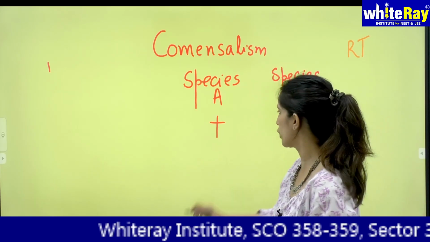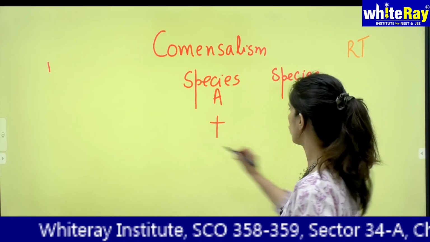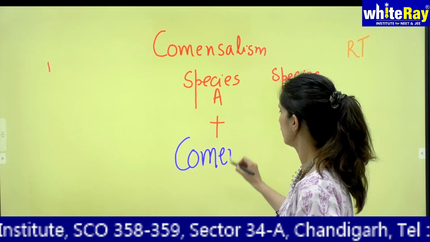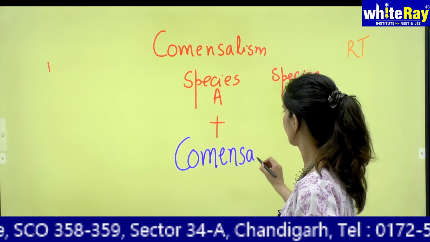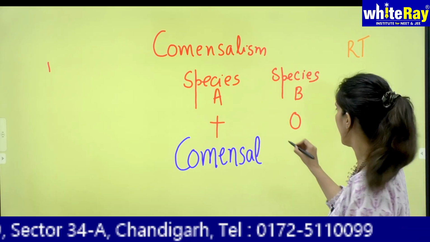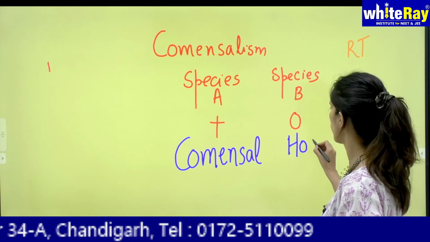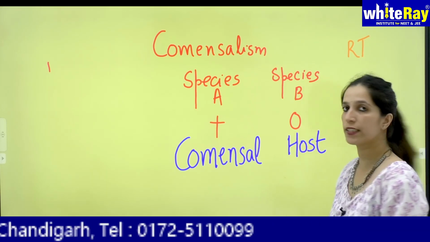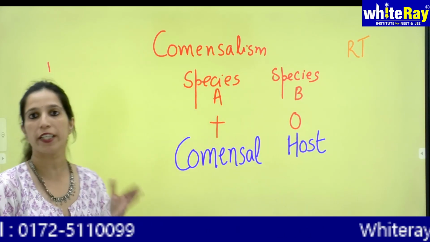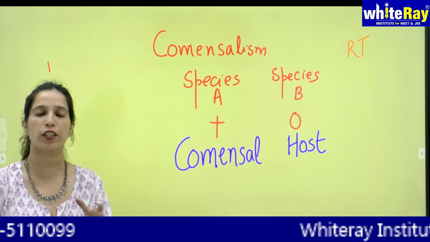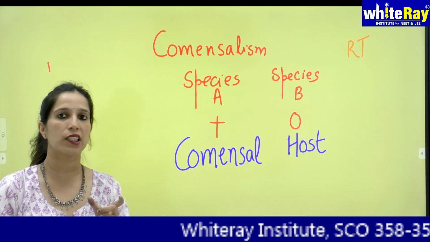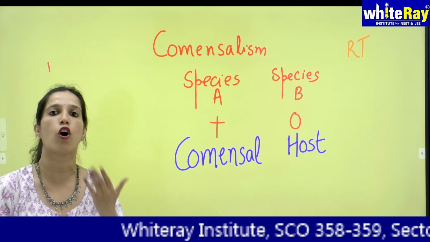The one which is benefited is called commensal, and the one which is neither benefited nor harmed is called host. So it's a commensal host relationship. So I hope you understand what commensalism is. In this interaction, one species is going to get benefited and other is neither benefited nor harmed.